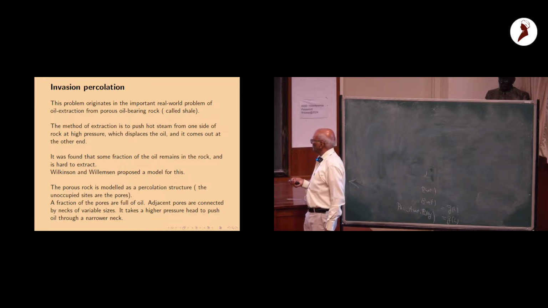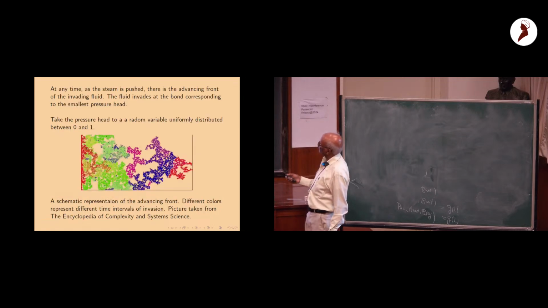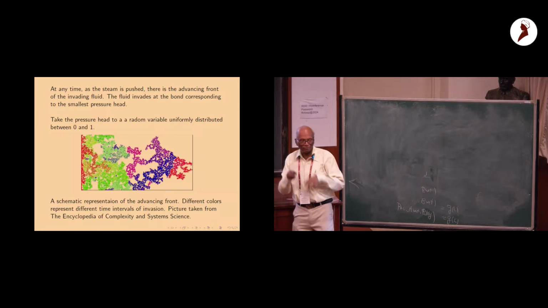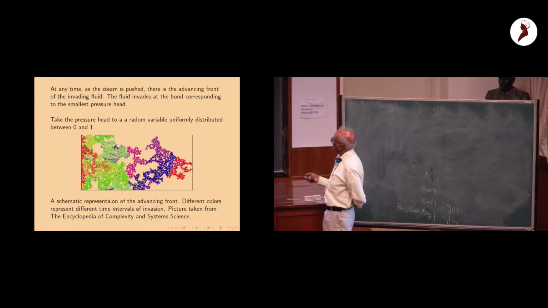So they made up some model. Let us first discuss the model. At any time the steam is pushed, and there is an advancing front of the steam. This is a model, not the real rock, but what the different colors show is the position of the front at different times.